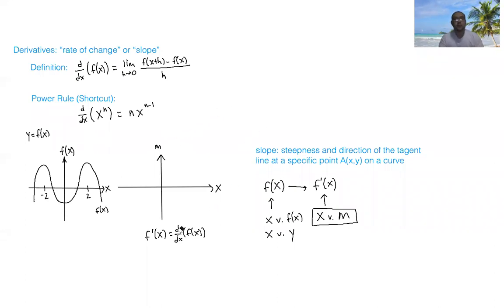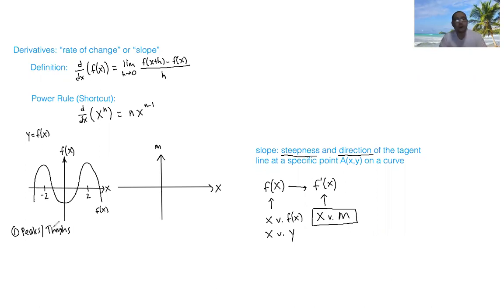Okay, so as we've learned before, slope is going to tell you the steepness and the direction of the tangent line at a specific point on your curve. So when you're given the curve of a function, the first thing that I always consider are peaks and troughs, or pits, right?